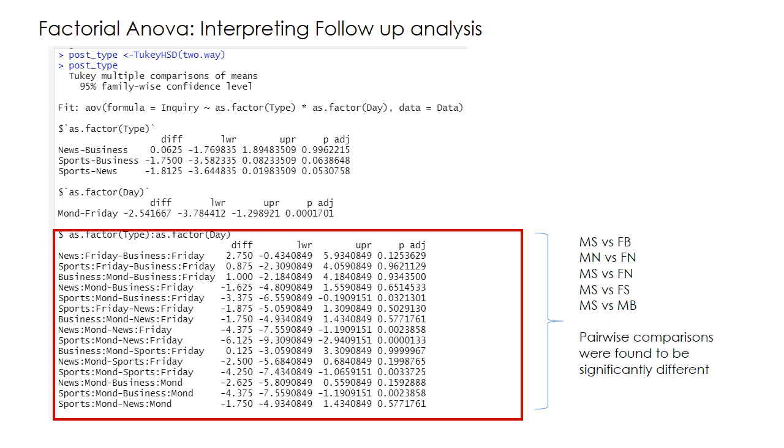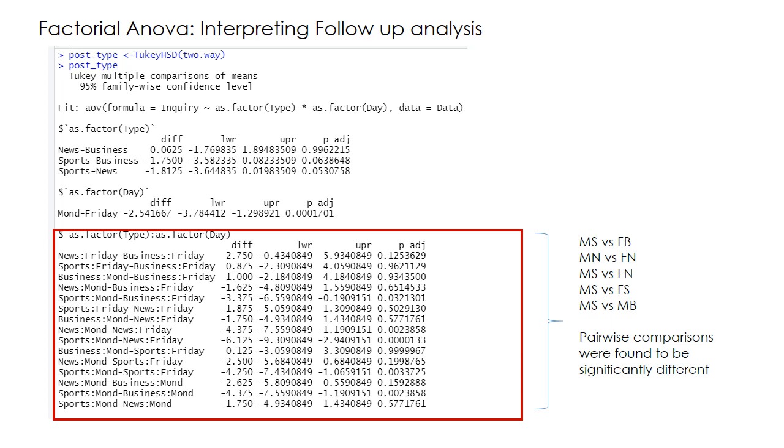So here for Monday sports versus Friday business, which is sports on Monday, business on Friday, the p-value is 0.03, which is less than 0.05. So we say there is a significant difference. What you need to do is, firstly, identify in your ANOVA results whether your interaction is significant or not.